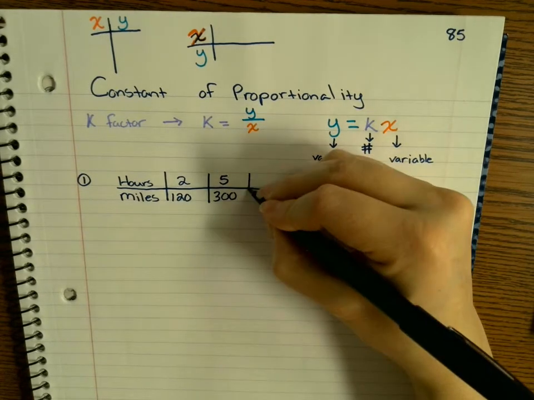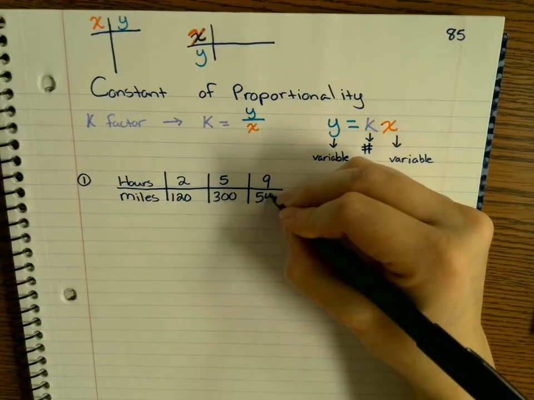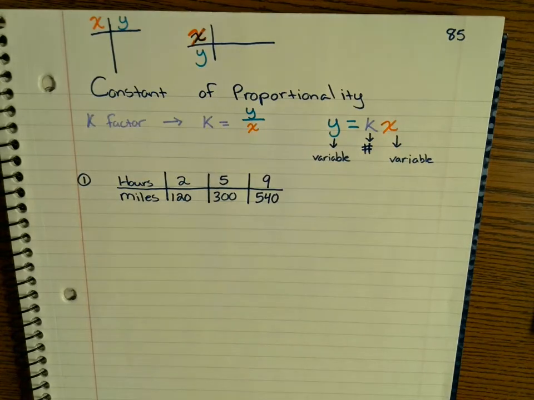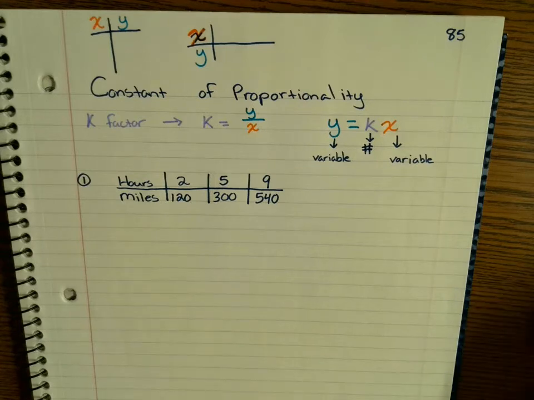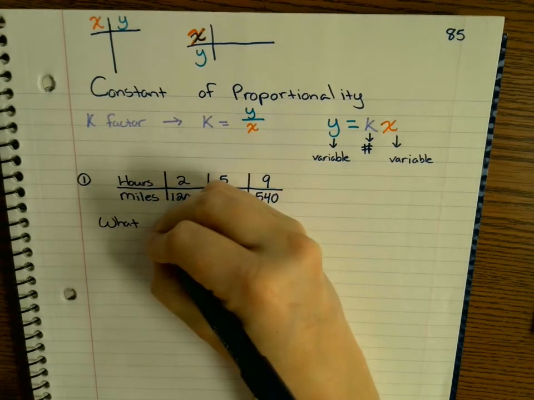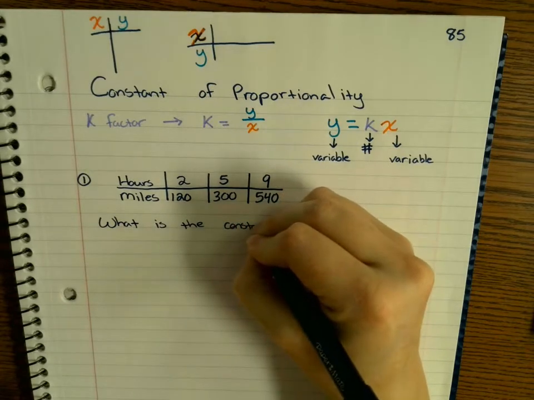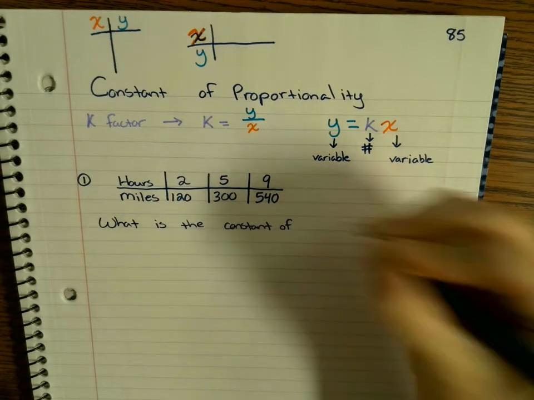Over the course of 9 hours, it traveled 540 miles. So we're just displaying information about the distance that a car is traveling over the course of hours. And we want to know, based off of this information, what is the constant of proportionality? Or essentially, what is the k factor?